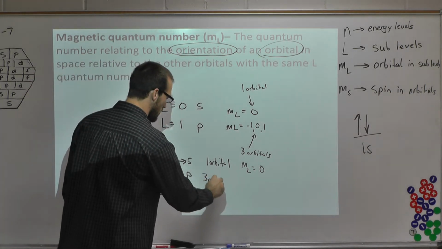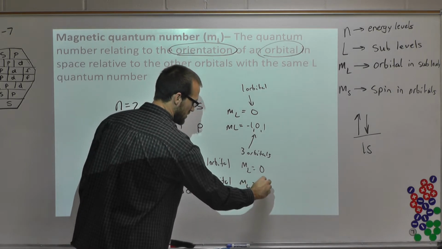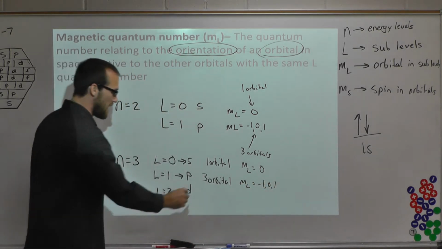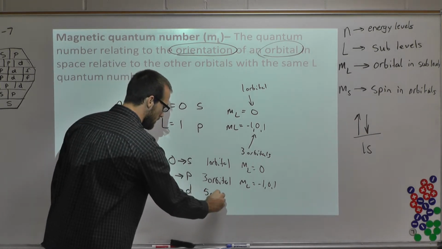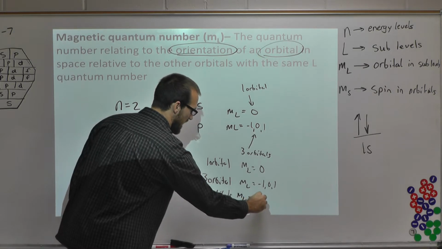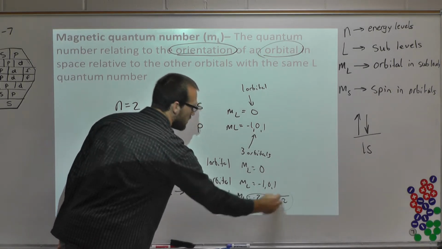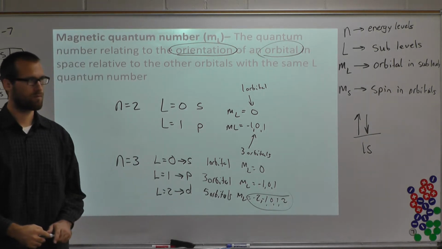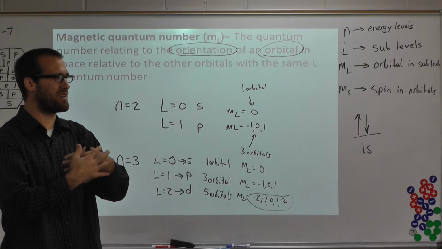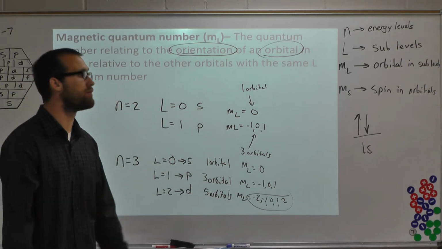This has 3 orbitals, so it has 3 orientations. So we're saying negative 1, 0, and 1. D has how many orbitals? 5. So it would have orientations of negative 2, negative 1, 0, 1, and 2. Does that make sense? Okay. It's just a way of representing the things we've talked about with numbers and symbols.